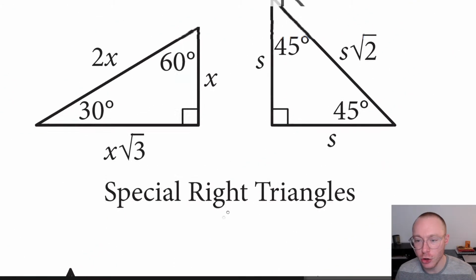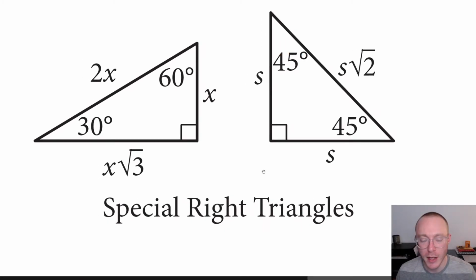We've got two triangles here that are special. And why are they special? Well, they're special because they have particular types of angles, right? We have a 30, 60, 90 special right triangle, and we have a 45, 45, 90 special right triangle. On the SAT, these two particular right triangles come up a lot.